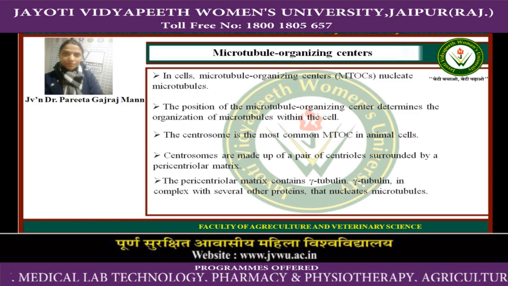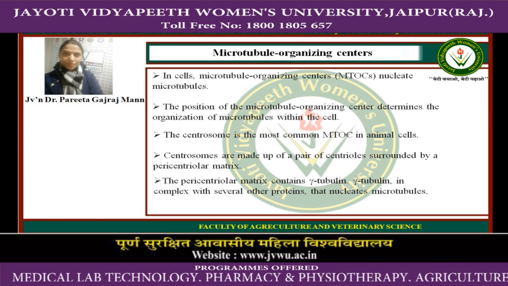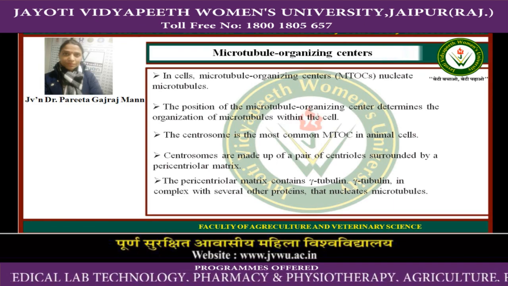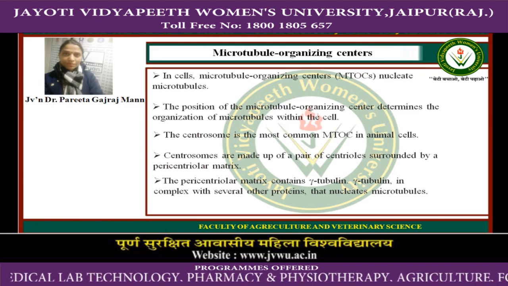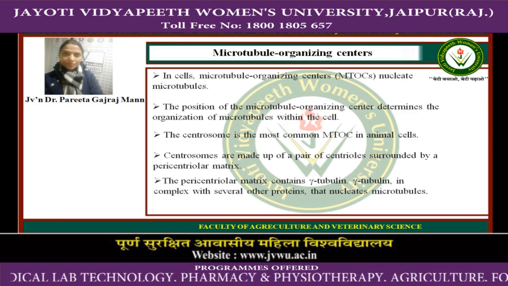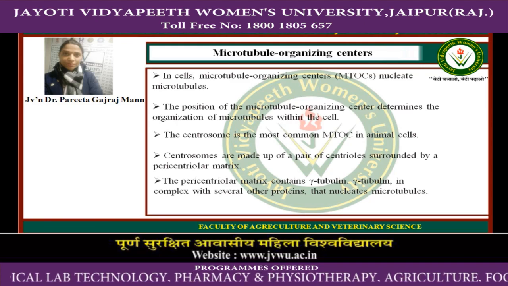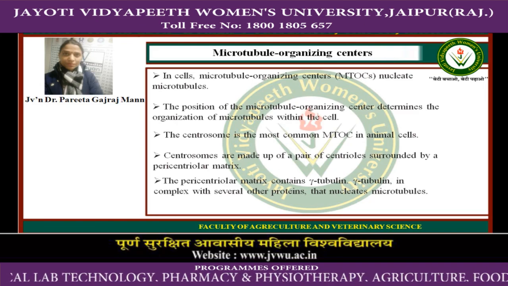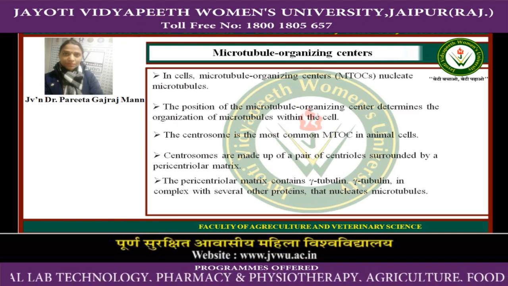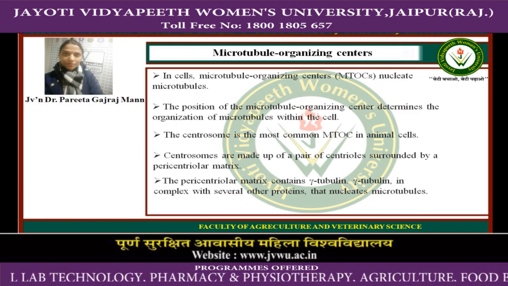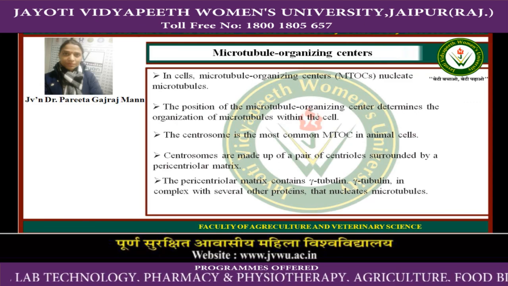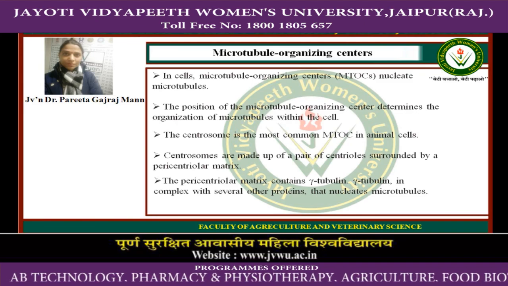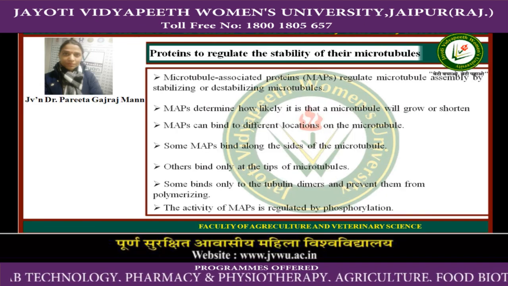The centrosome is made up of a pair of centrioles surrounded by a pericentriolar matrix, and the centrosome itself acts as a microtubule organizing center. The pericentriolar matrix contains gamma tubulin, the third tubulin, which is in complex with several other proteins that nucleate microtubules.